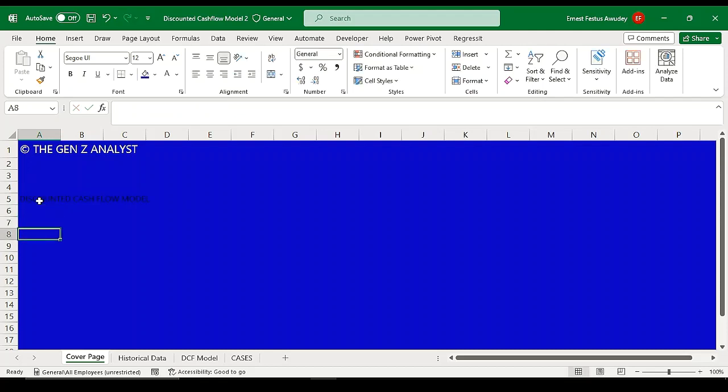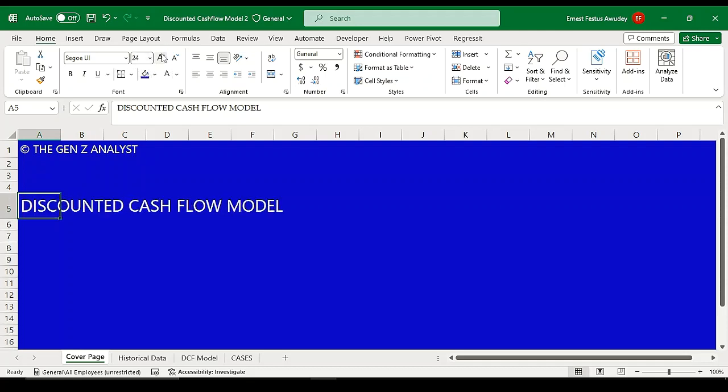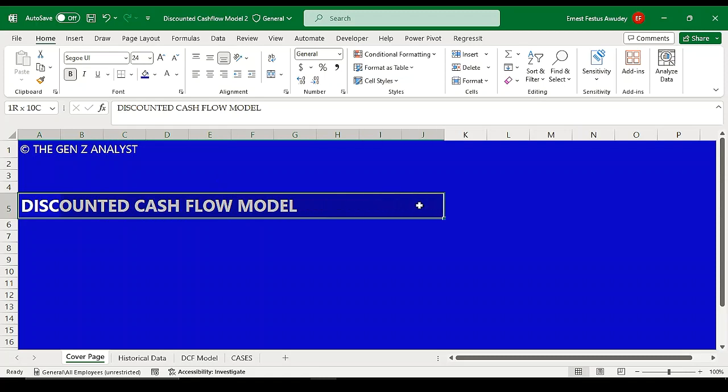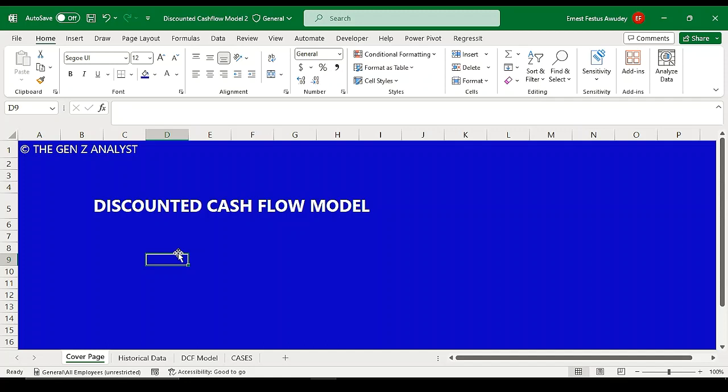Discounted cash flow model, and let me change the font color as well to white, and also increase the font size. Okay, and then I'm going to bolden it, and then what I'll do is to merge and center it right there, just like that.